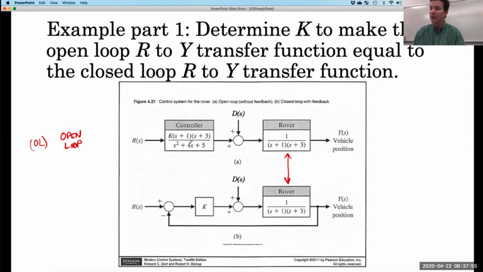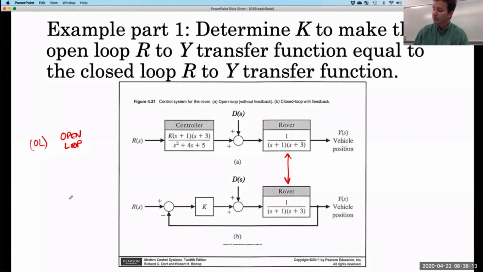That was why this controller has been chosen: someone decided that the transient performance is better if the poles of the system are the roots of s squared plus 4s plus 5.